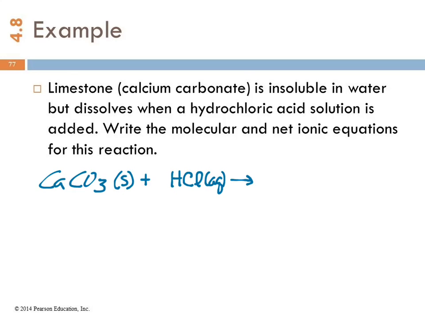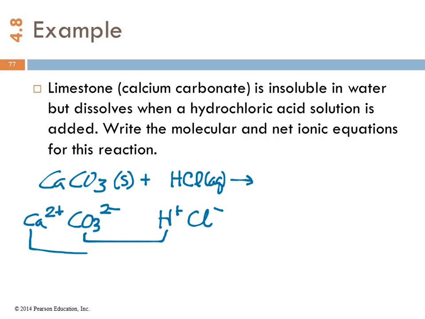Well, what can happen is we can have ions switching places. Calcium ion and carbonate ion. Now, these are not in solution, but it's still possible for them to separate. And here is hydrogen and chloride, hydrogen ion and chloride ion. And so we're just going to predict what sorts of products could happen. Well, we get calcium and, no, not carbonate, calcium and chloride.